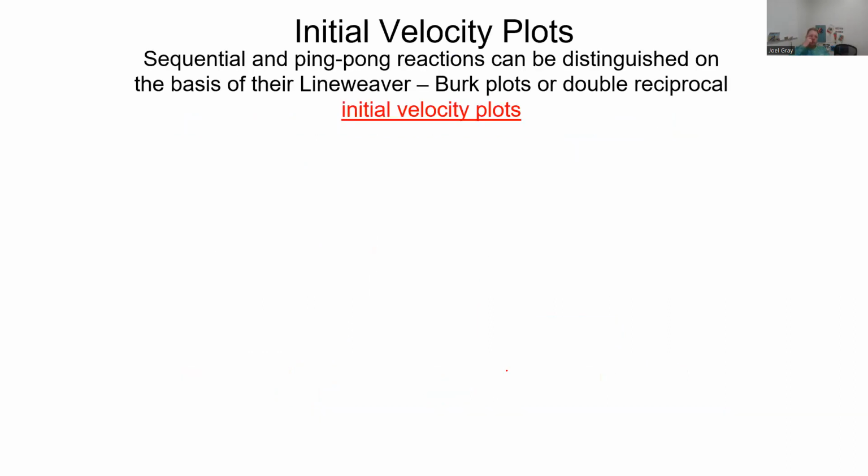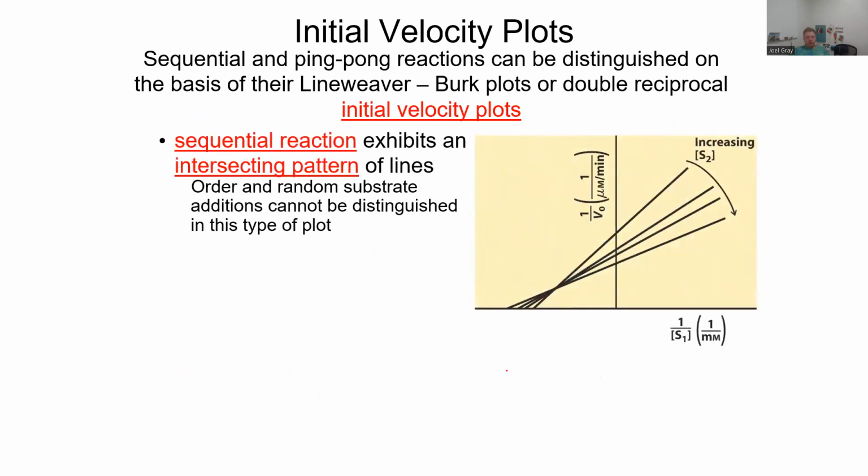Now, sequential and ping pong models can be distinguished on the basis of their likely Lineweaver-Burk plots, or double reciprocal plots. Our initial velocity plots, when we're looking at sequential reactions, exhibit an intersecting pattern of lines. And order and random substrate additions cannot be distinguished in this type of plot.